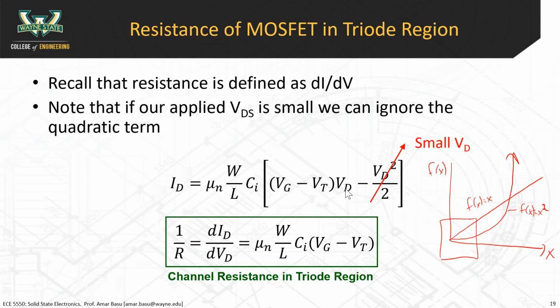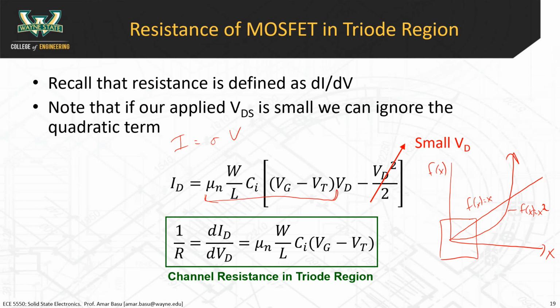Because remember, I equals some conductance times V. Right? So the conductance is equal to this whole thing right here. So what we're trying to say here is that the equation for the current versus voltage relationship in a MOSFET is linear when you're at low values of drain voltage.